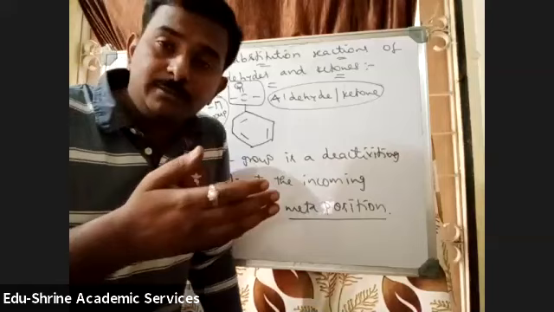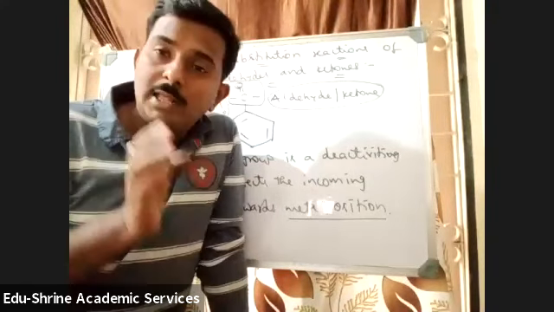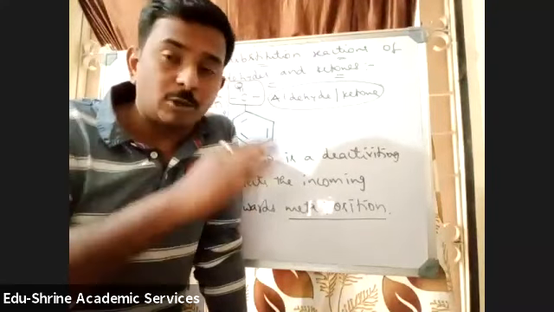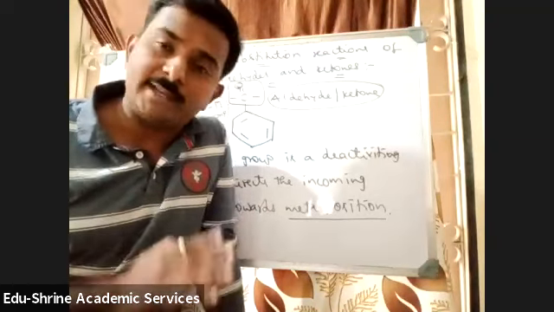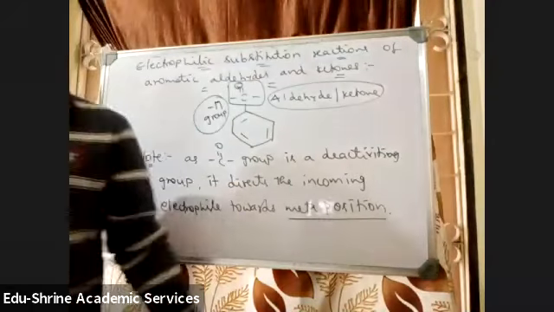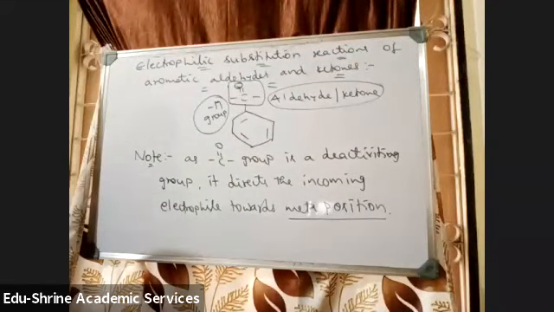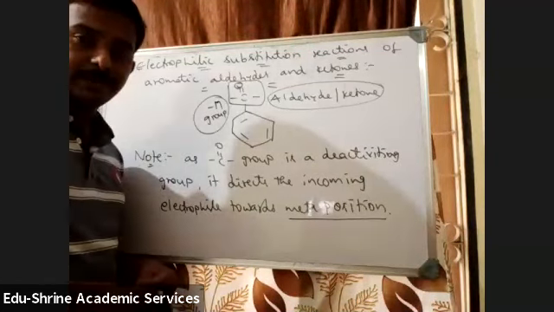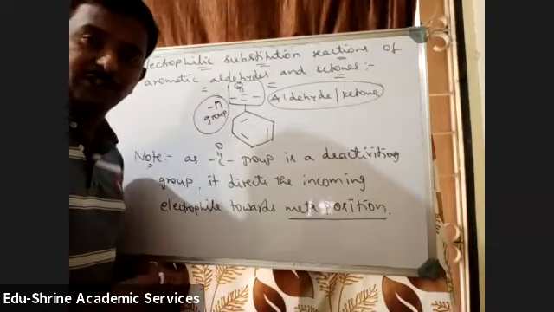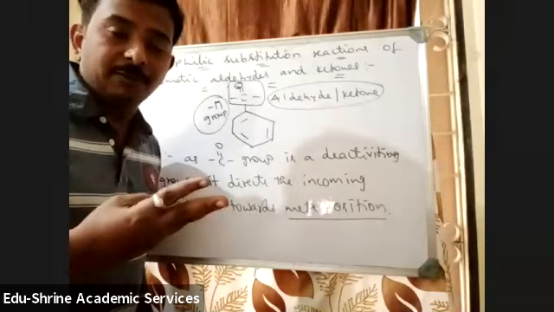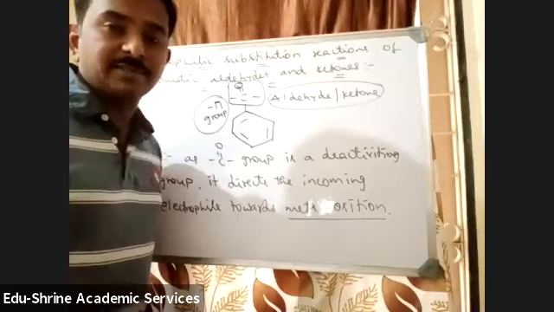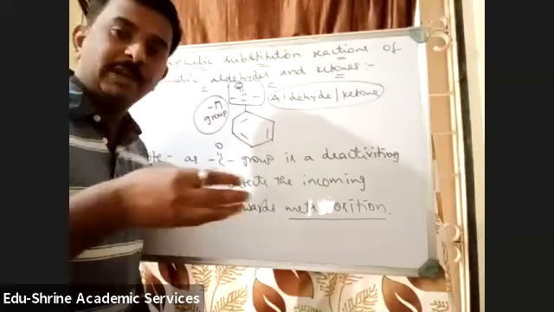So always you will get meta products as the major products. If it is chlorination, chlorine will attack at the meta position. If it is nitration, the nitro group will attack at the meta position. If it is sulfonation, SO3H will attack at the meta position. One or two examples we will write. We know that there are 5 electrophilic substitution reactions: halogenation, nitration, sulfonation, Friedel-Crafts alkylation, and Friedel-Crafts acylation. In all these reactions, the meta product will be formed.